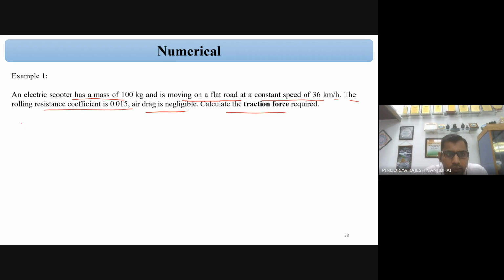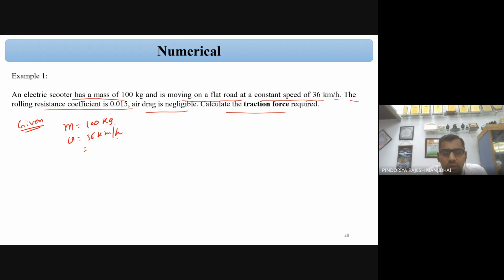So, the given data: mass is 100 kilogram. Speed is given, 36 kilometer per hour, but we have to convert it into meter per second, correct?